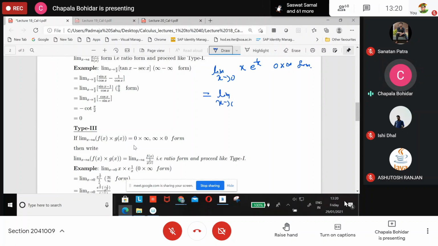I can write down limit x tends to 0, e to the power 1 by x divided by 1 by x. I can write this way or not? Yes, ma'am.